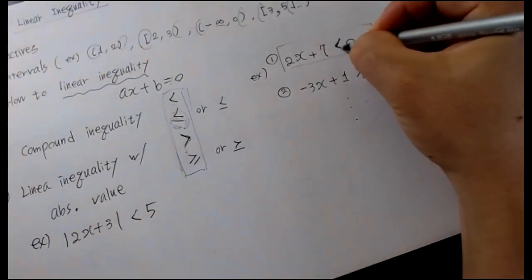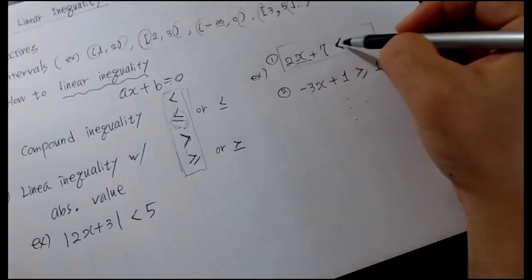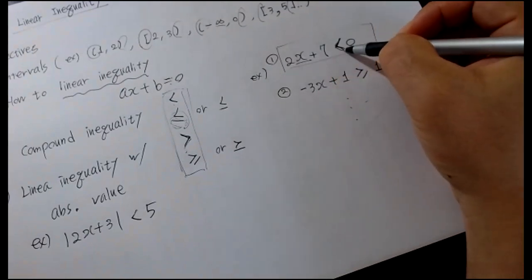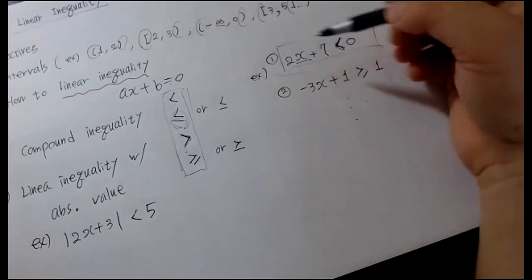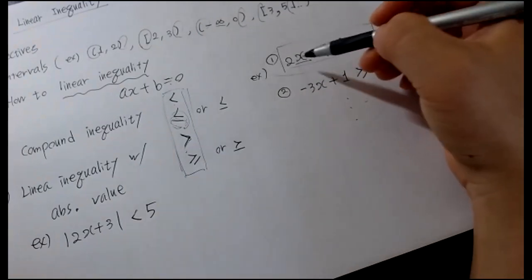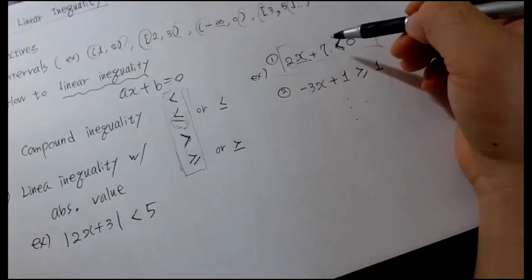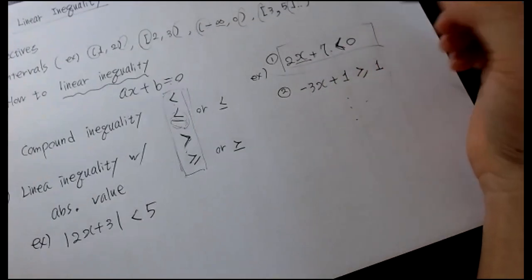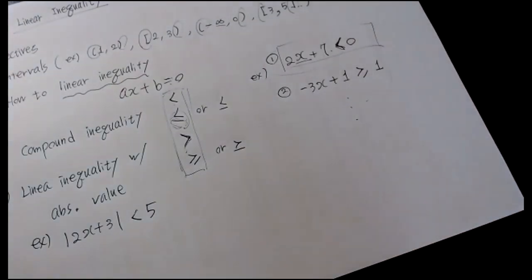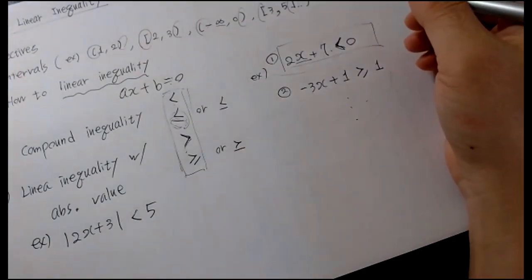What value of x makes that linear inequality true? For example, when you plug 1 into x, you get 2 times 1 plus 7, which is 9, but 9 is not less than 0. So the real number 1 cannot be a solution, right?